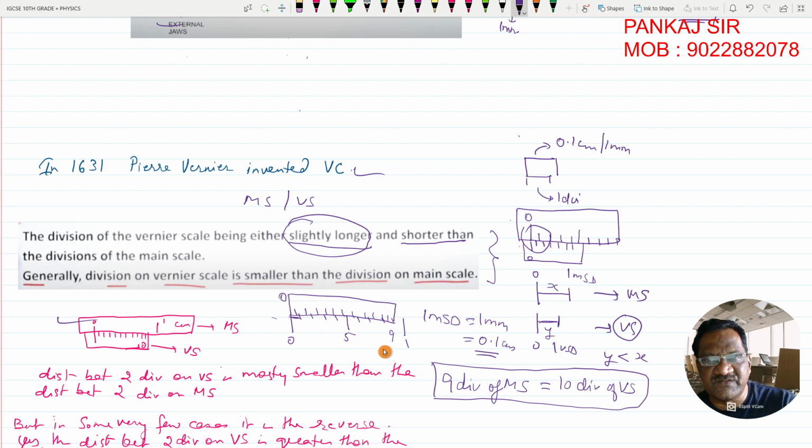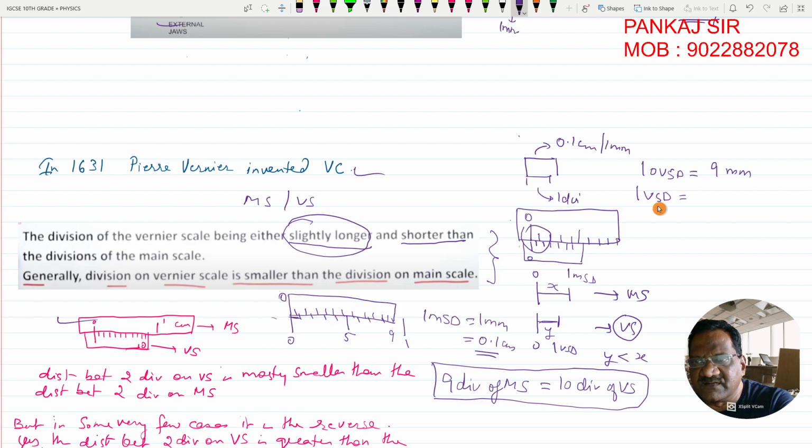So if I want to find out the value of one vernier scale division, how much will it be? I know that 10 vernier scale divisions are equivalent to 9 millimeter, right?